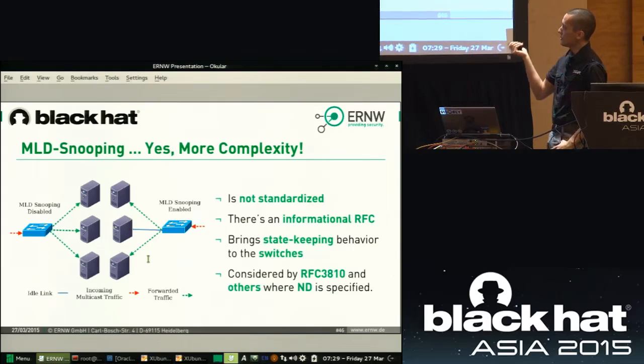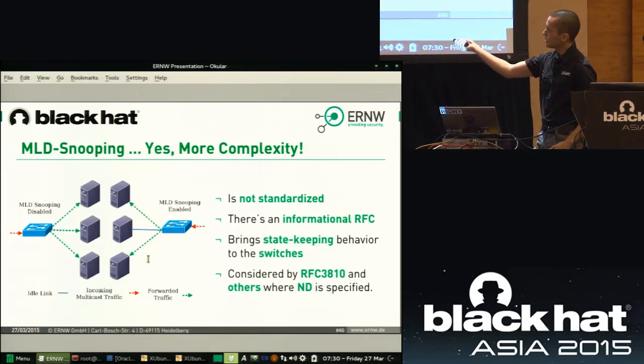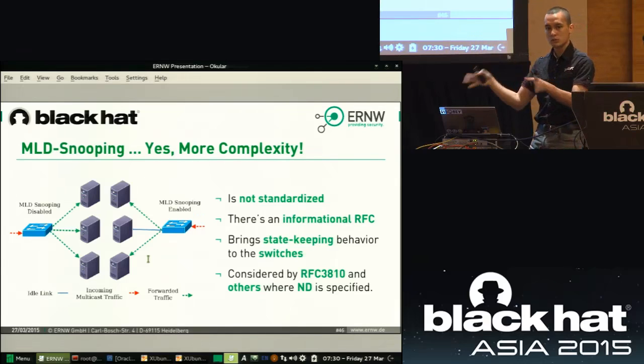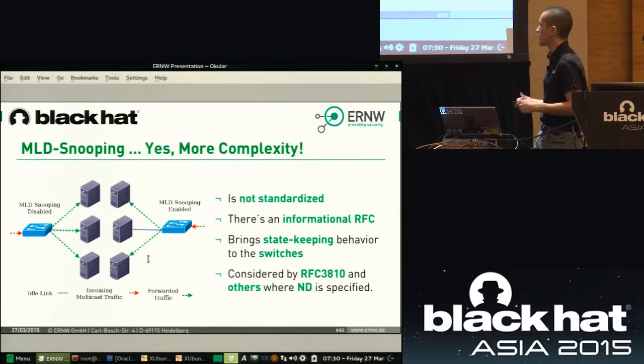What MLD snooping enables is this: the normal case, because switches behave this way, is that if you send multicast traffic, the switch is just going to send this to everyone. If you have an MLD snooping enabled switch, the switch is going to say, okay, I know that there are listeners here and here, so I'm just going to forward multicast traffic to those two clients. The problem is that it requires the switch to also keep state.